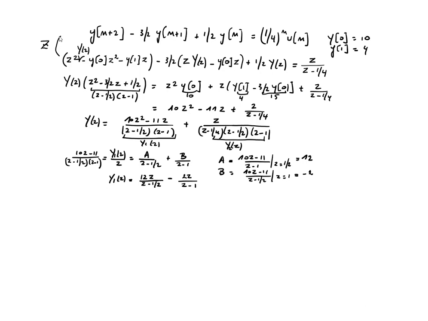So if you do the same for the other one, you'll have terms in z minus a quarter, z minus a half, and z minus 1.